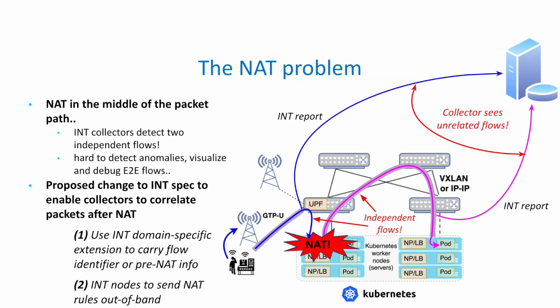We are currently considering two solutions. The first one is to use a domain-specific extension of the INT header to carry a unique flow identifier or the whole pre-NAT information. Or we can have the Host-INT node send the NAT information out of band to the INT collector, for instance using a special INT report or a completely different protocol. We are currently investigating these two alternatives.